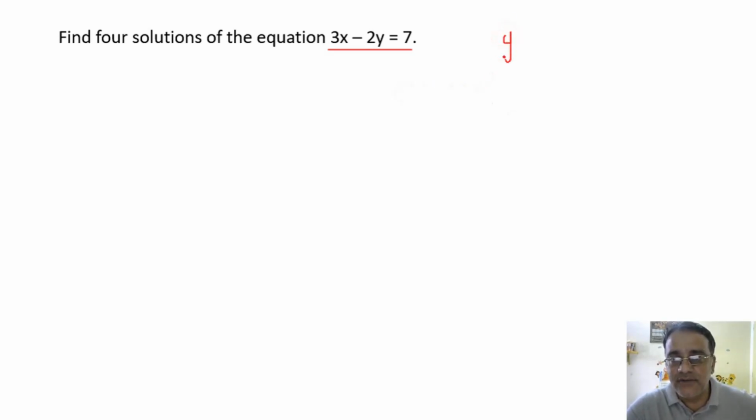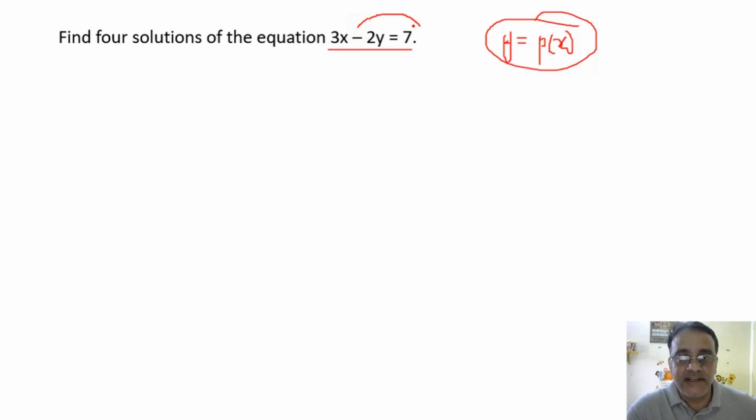Already I told you that you should try to write y in terms of x, that is, in the form y equals p of x. For that, if y is negative, shift y to this side, so it becomes plus 2y. And shift the other constant to the other side. So what you will get is 3x minus 7 is equal to 2y.